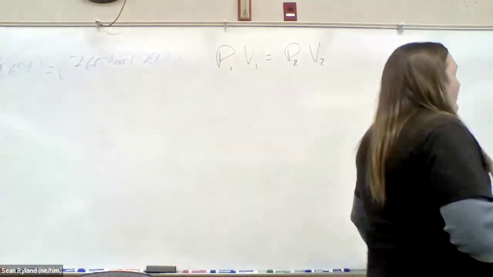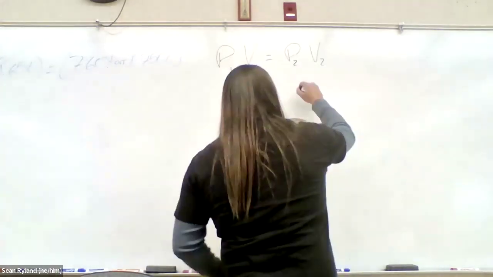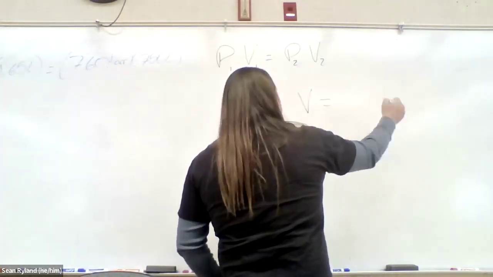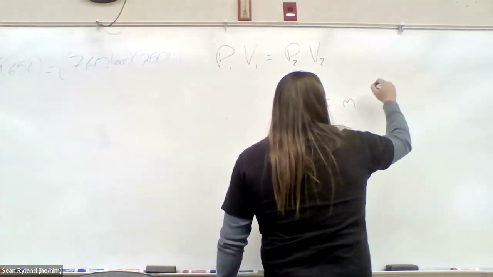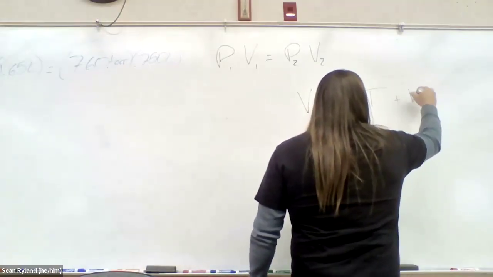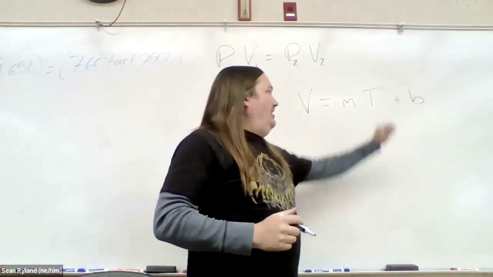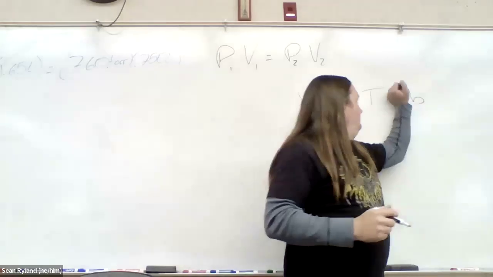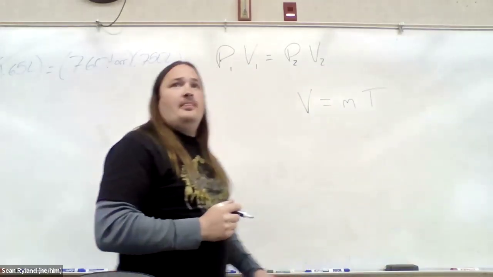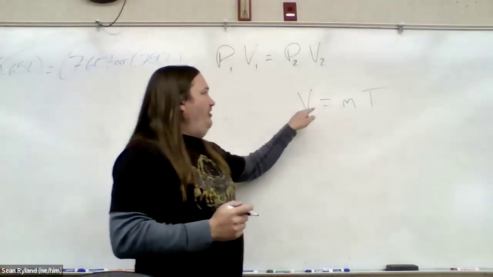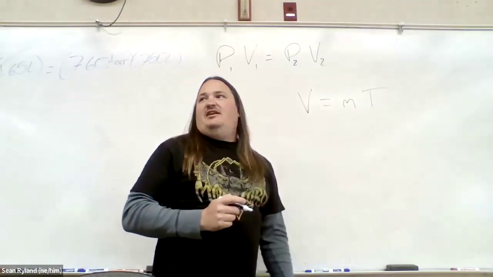So if we don't have an intercept, I just erased what I'm going to use here in a second. If the y-intercept is 0, this term goes away, right? And we just get that volume is equal to a constant times the temperature.